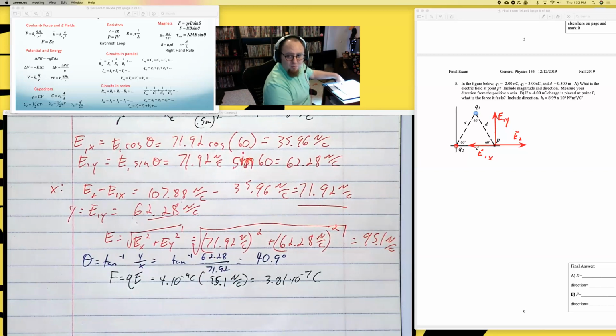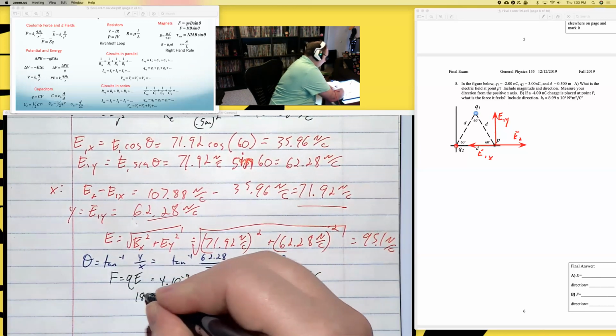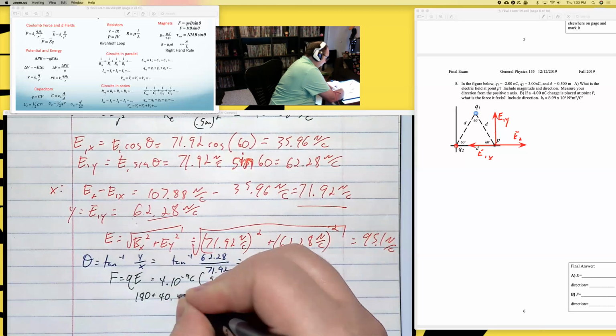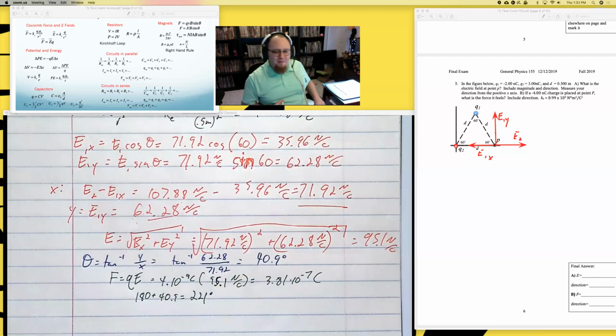Direction? Well, it's negative. So it's going to be the opposite direction. This was at 40.9 degrees. So it's going to be at 100 degrees off from that. If I remember correctly, someone just wrote opposite direction last time. I'm like, yeah, good enough. Without adding the 180.